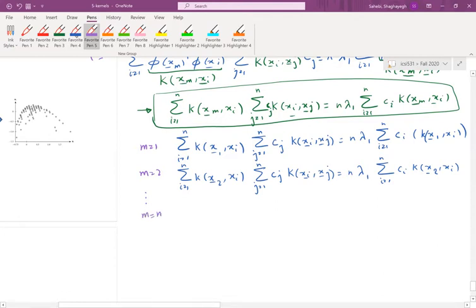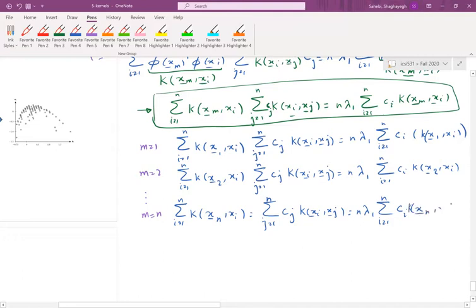And get this equation: sum of i equals 1 to n, k(xn, xi), sum j equals 1 to n, cj k(xi, xj), is equal to n lambda 1, summation i equals 1 to n, ci k(xn, xi), right?